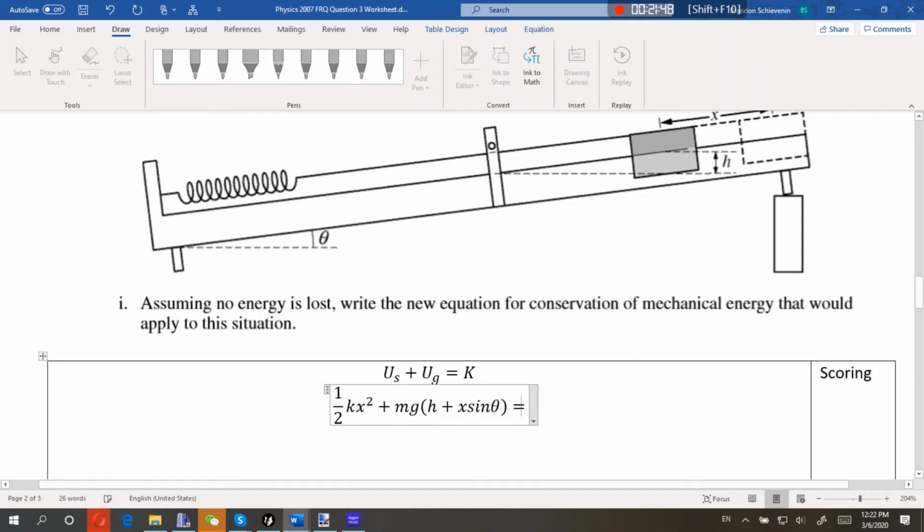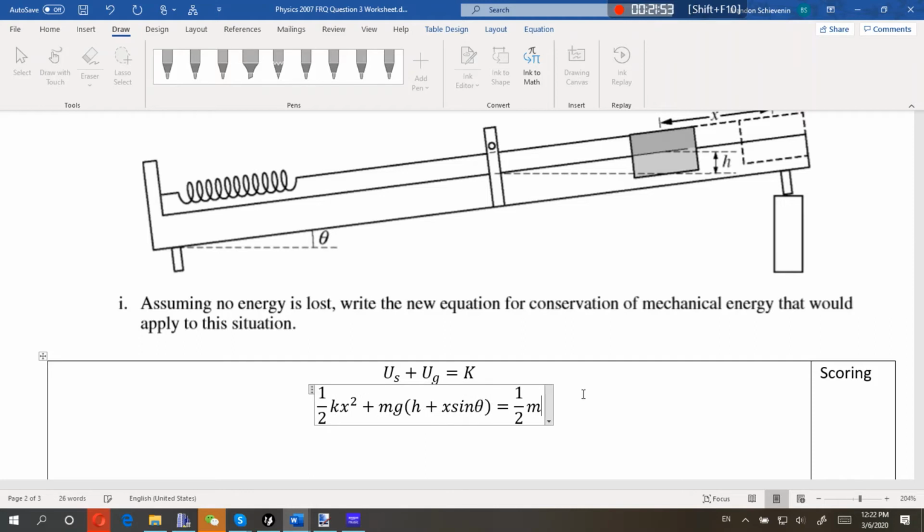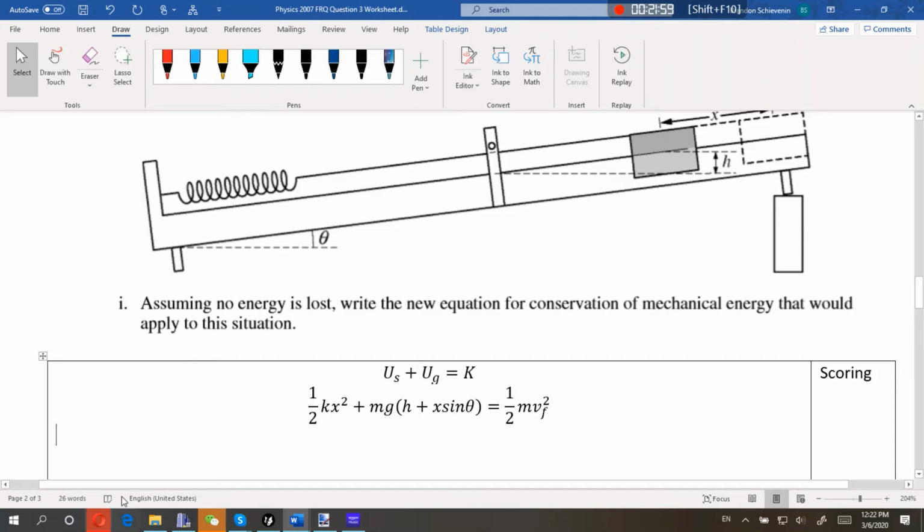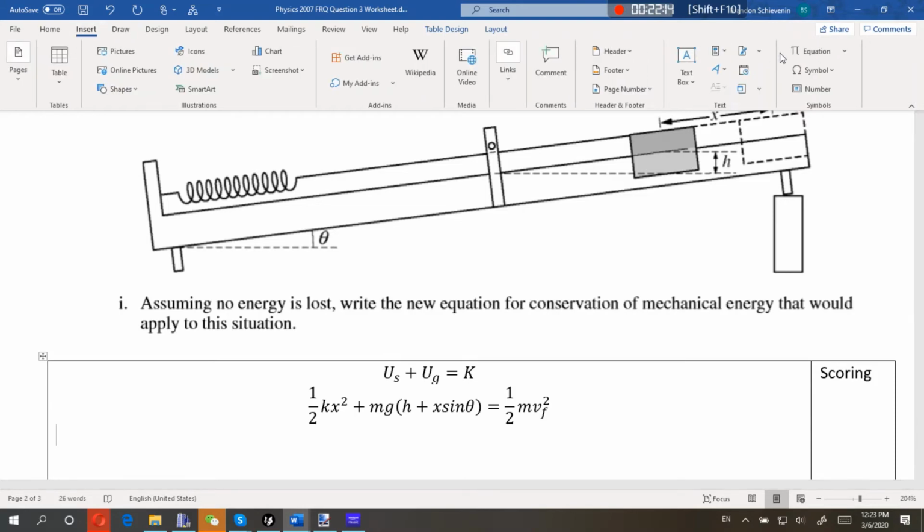That is equal to our kinetic energy, which also didn't change, 1/2 mv final squared. I can't get rid of the 1/2 anymore. There aren't m's in every term, there aren't x's. I don't think we can simplify at all, actually. I'm going to go ahead and distribute, just in case they do that in the sheet.